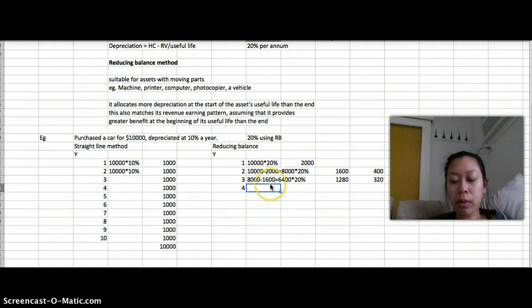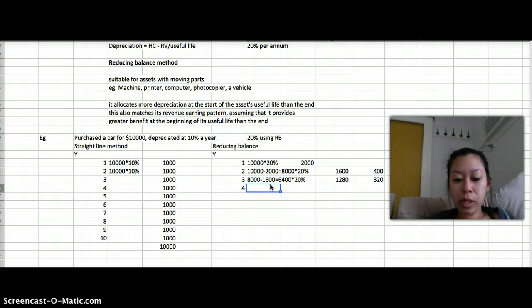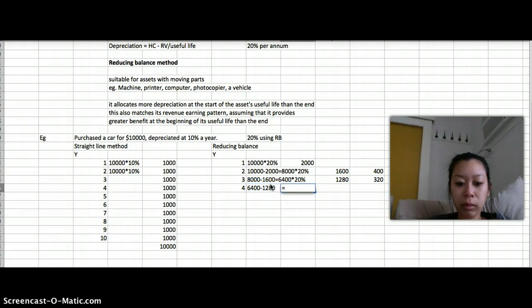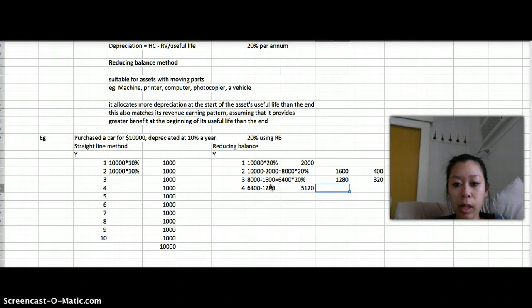Okay, if you keep going, what are we up to? 6,400 minus 1,280. Times 20%.